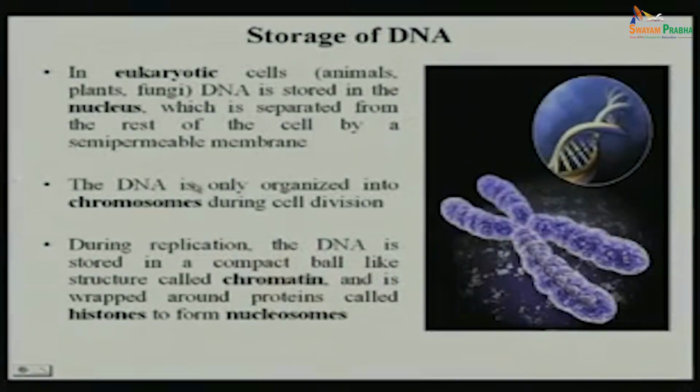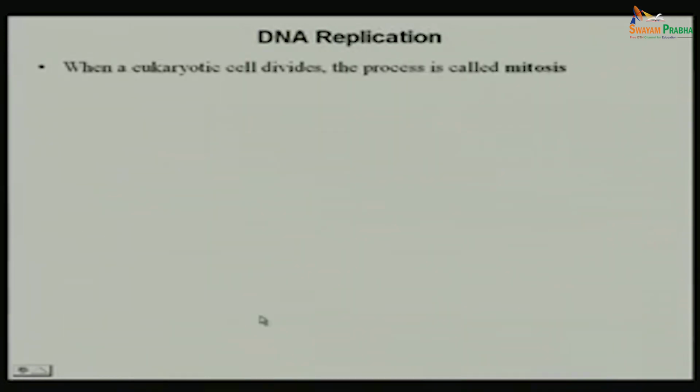DNA is organized into chromosomes during cell division. Otherwise, the DNA is stored in a compact ball-like structure called chromatin and is wrapped around the histone proteins to form nucleosomes.